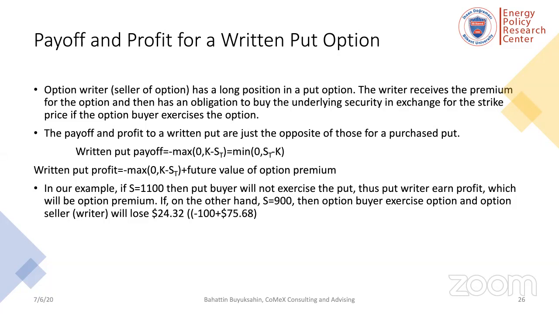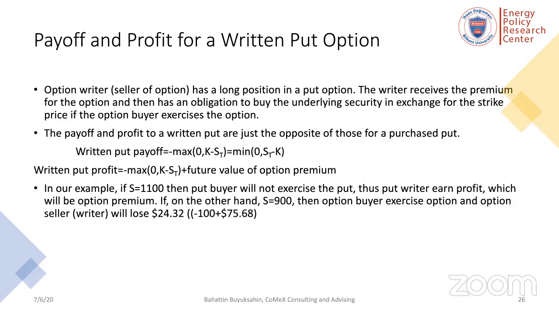The writer receives the premium for the option and then has an obligation to buy the underlying security in exchange for the strike price, if the option buyer exercises the option. If the option buyer does not exercise, the maximum benefit he gets is the option premium.